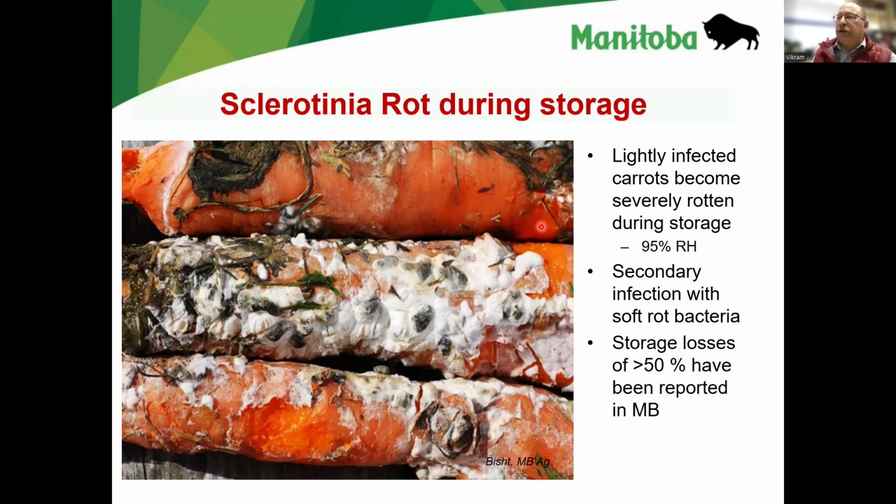Here you can see the fungus has just multiplied on the carrot surface. Carrots are very rich in sugars, and so the fungus loves this source of food. And here you can see after a few weeks of growth, you see many of these sclerotia.